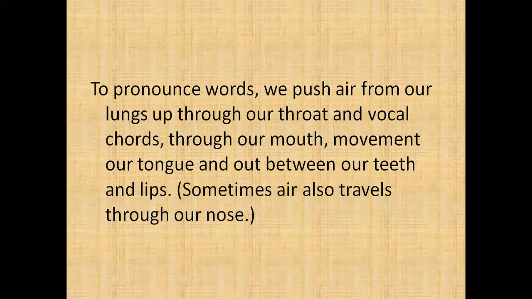So the nose and mouth are important organs we use to pronounce the word properly. Understand? As I discussed, pronunciation begins from your lungs, then the sound passes through the vocal cords, then the mouth, then movement of the tongue and lips. Even the nose also.